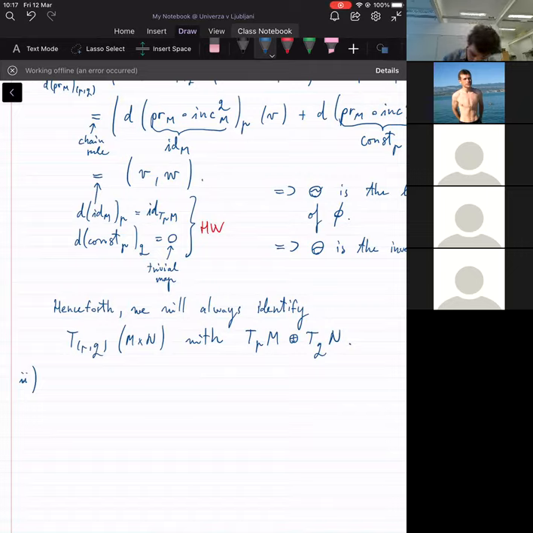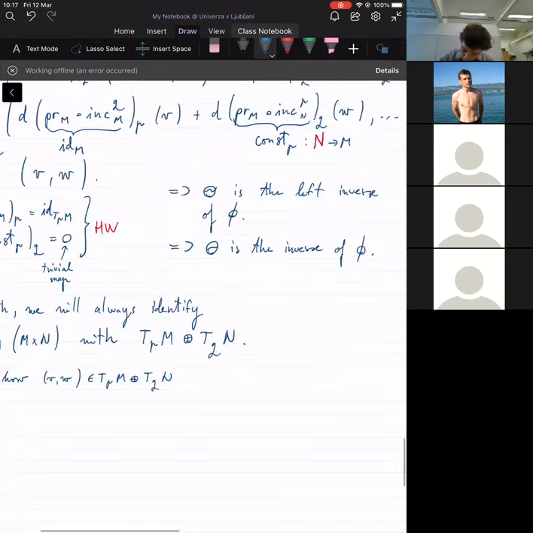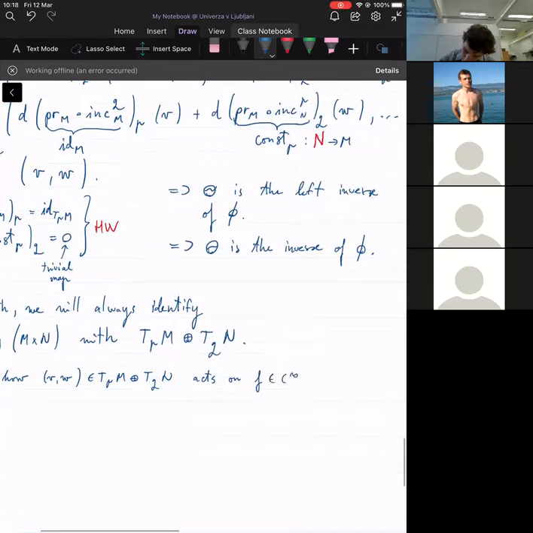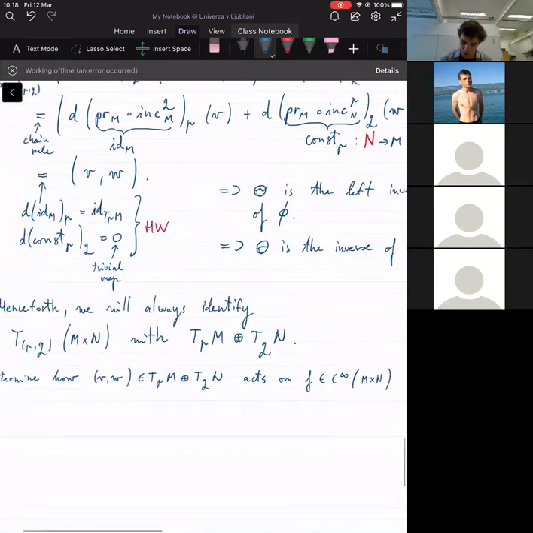So the second exercise is to determine how (v, w) from T_pM ⊕ T_qN acts on f from C∞(M × N). So this means a smooth function on the product, right?